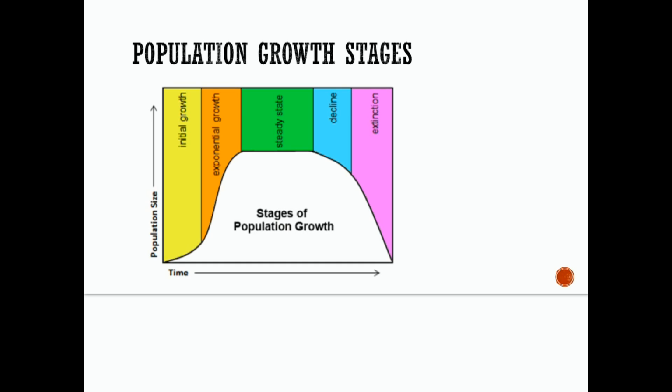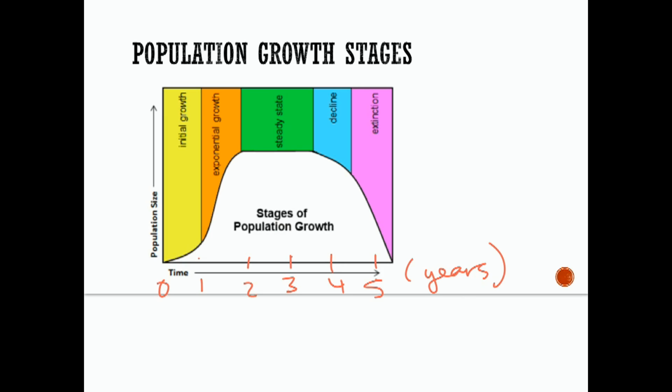All right, let's talk about population growth stages. So, if we look at this graph, you've got time on your x-axis. Remember, it's the independent variable. So, let's just put some numbers to this so we can read the graph. You're going to start off at 0. Let's say we're going to do years, and we'll make up some data. So, 1 year, 2 years, 3 years, 4 years, 5 years.